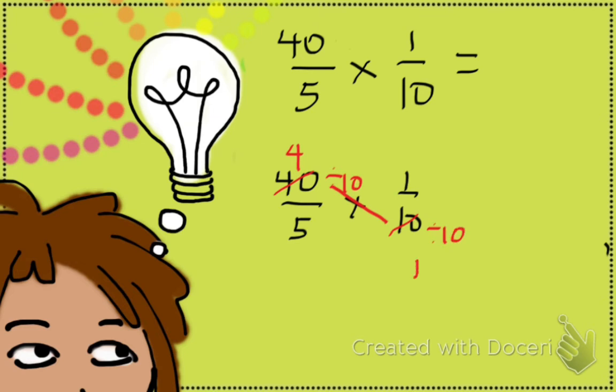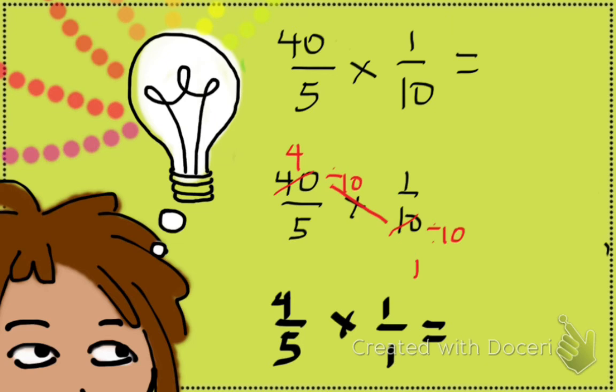So we have our new fractions here. 4/5 times 1/1. Now we can multiply across our fractions. We have 4 times 1, multiply the numerators.